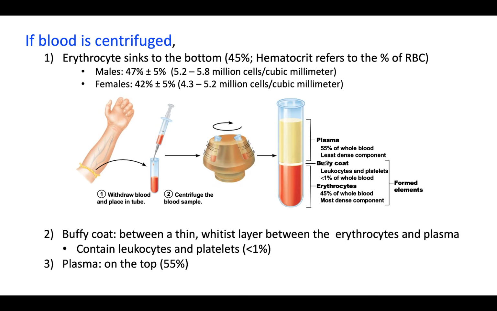This is called buffy coat. The buffy coat is at the junction between red blood cells and plasma. It is barely visible. This layer contains the remaining formed elements, such as white blood cells and platelets.